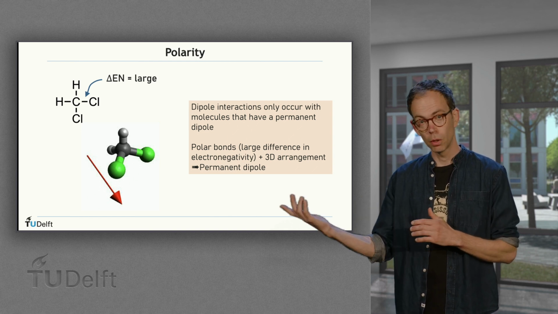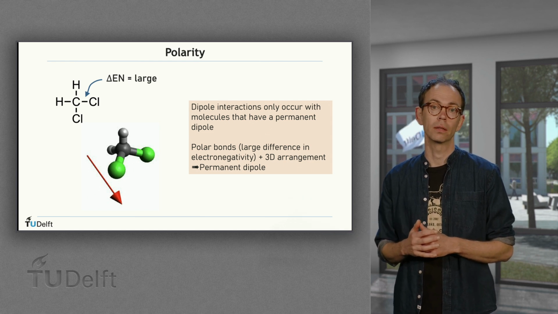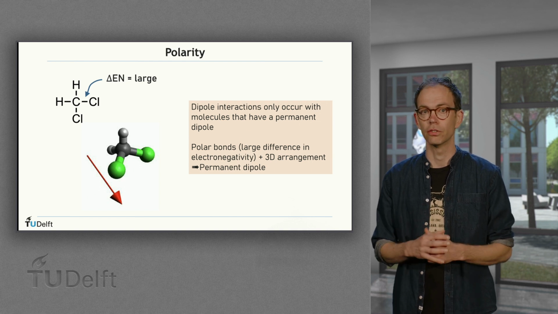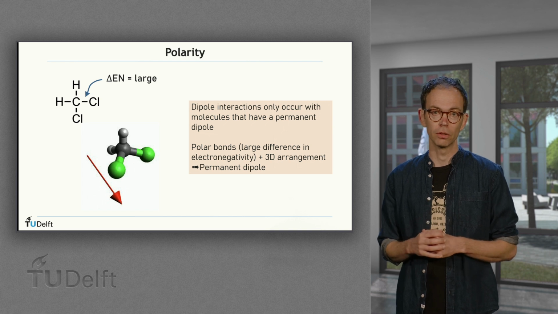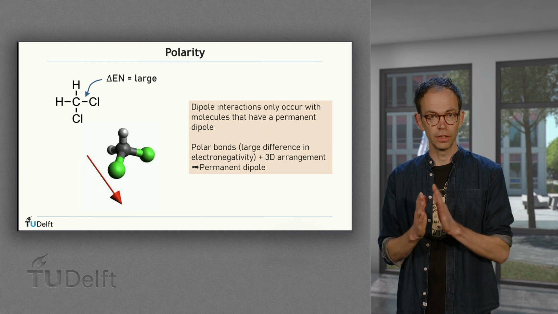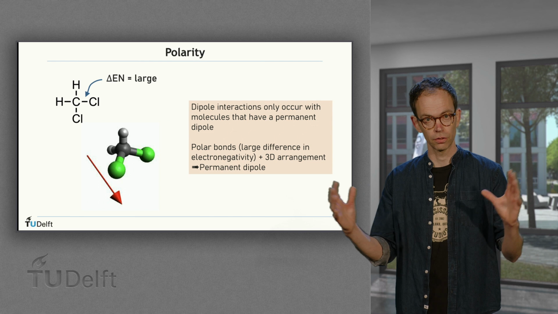Let's take this molecule here. This is a molecule called dichloromethane. It's methane with two chlorine atoms instead of hydrogens. Chlorine is a very electronegative element. It's much more electronegative than carbon, and therefore the difference in electronegativity between carbon and chlorine is large.